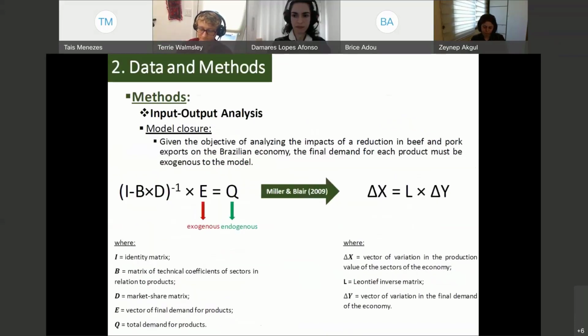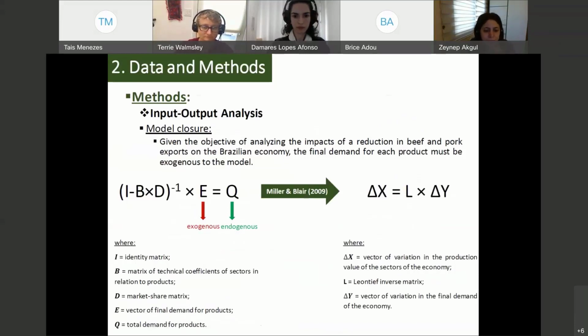Several studies evaluate the potential economic impacts of FMD outbreaks in different countries. One of the most common approaches for this assessment is input-output models, but we don't have studies for Brazil using this approach.